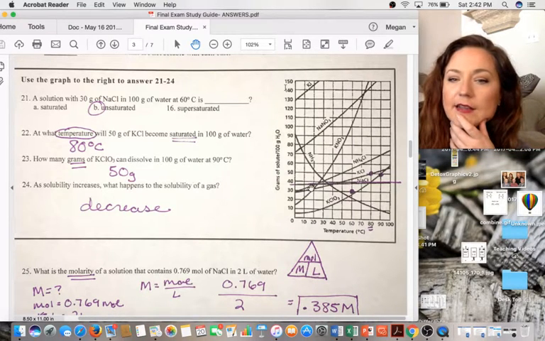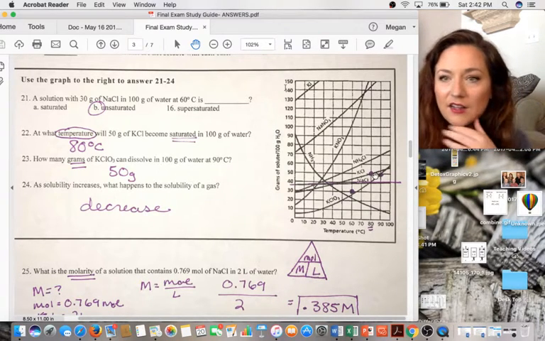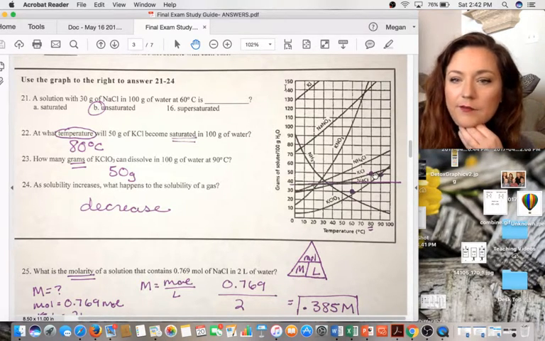My KCl line is here. It's a curve. And I'm at my 50 mark, and I go straight across the 50 until I see that he intersects with KCl, and KCl intersects with him to be saturated at the 80 degrees Celsius. So thus, for 22, it's going to be 80 degrees Celsius.